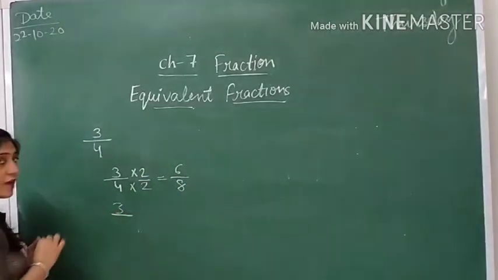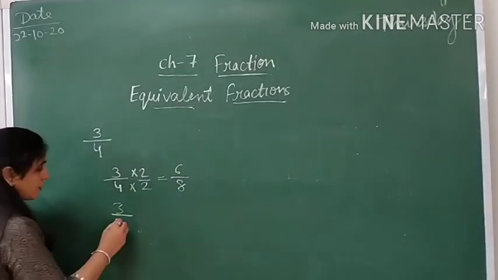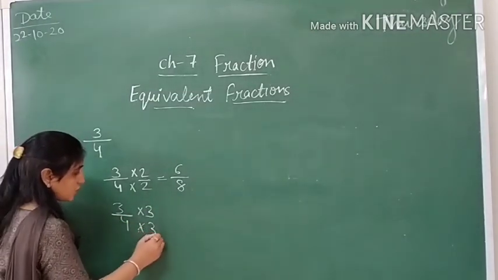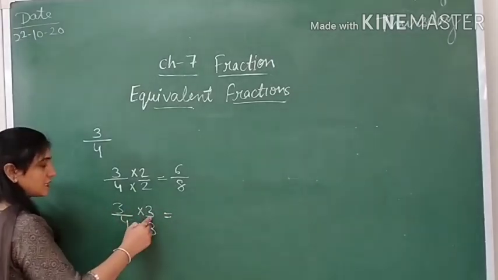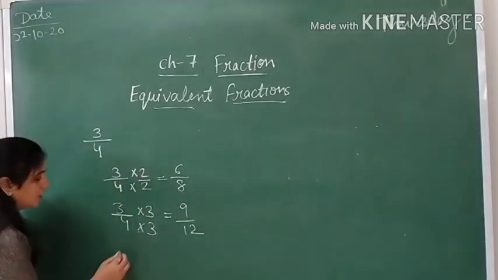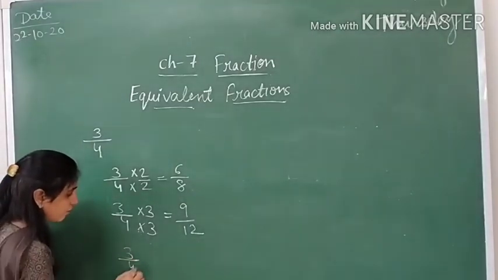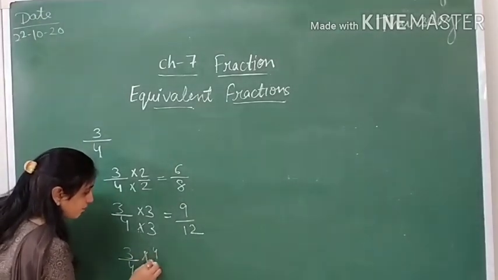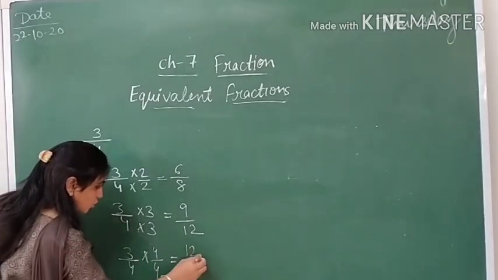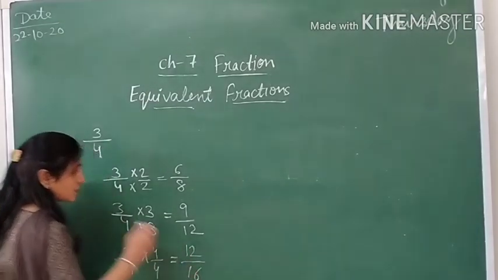Now we have to find the other equivalent fractions. Again 3 by 4, multiply by 3 3. Yes, 3 3s are 9, 4 3s are 12. Next 3 by 4, now I am going to multiply by 4 4. Yes, 3 4s are 12, 4 4s are 16.